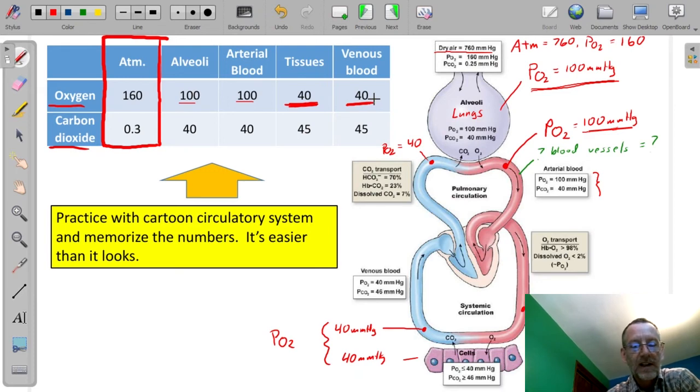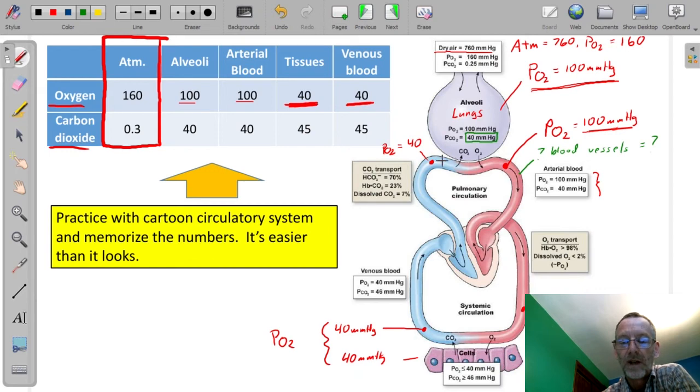Carbon dioxide, once we're in the blood and once we're in the alveoli, it just fluctuates from 40 to 45. So that's not too bad. The partial pressure of carbon dioxide in the lungs is 40. So don't get all the 40s mixed up.